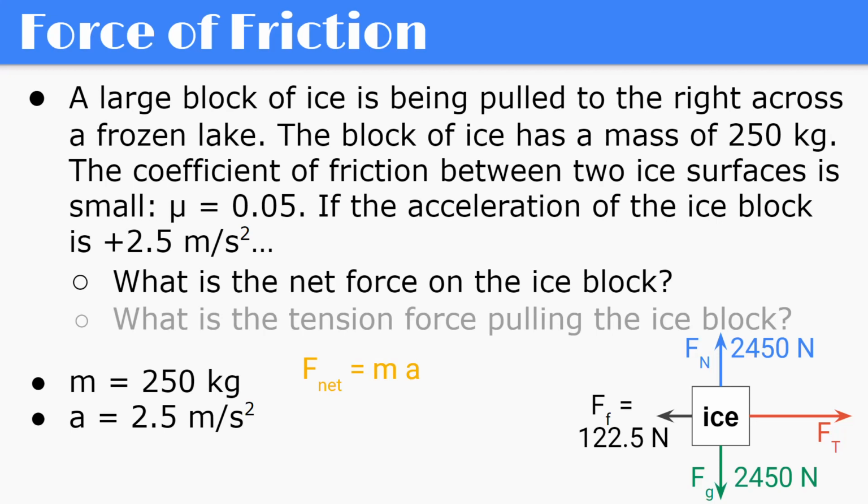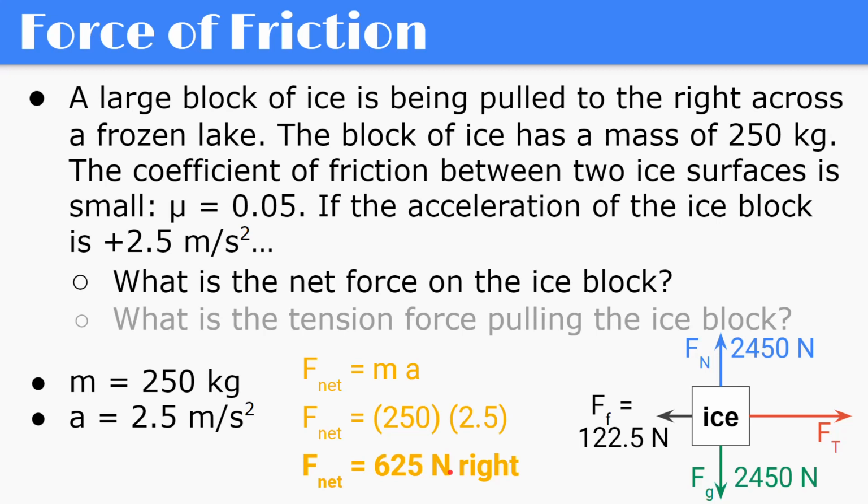So we're going to multiply 250 times 2.5. That will give me my net force, which will be equal to 625 newtons to the right. It will be in the same direction as my acceleration, which was positive, thus this is also positive. Okay, so 625 newtons to the right.